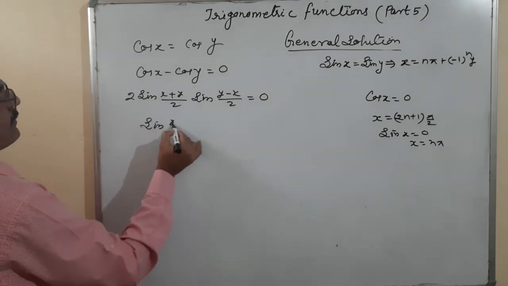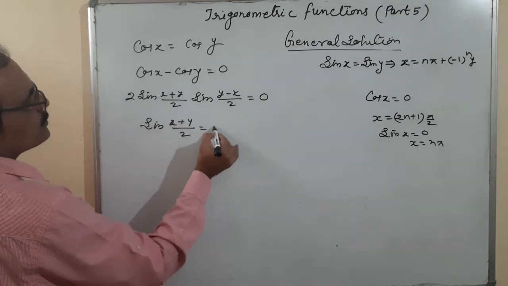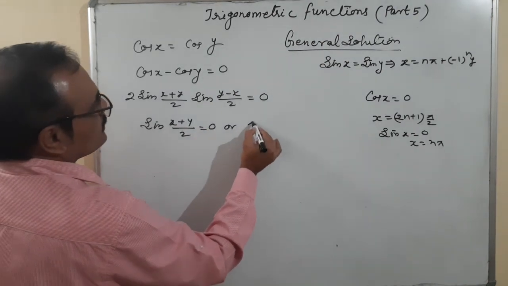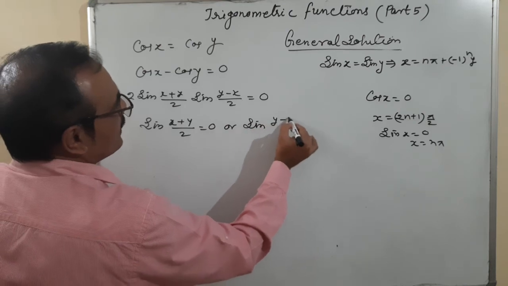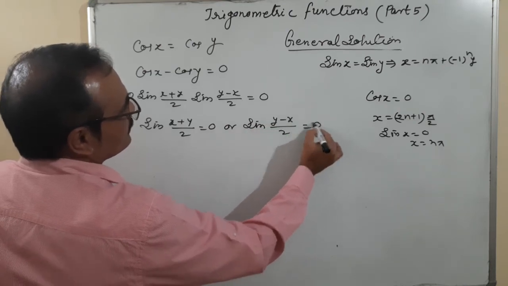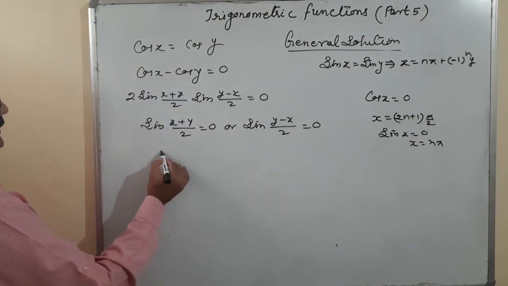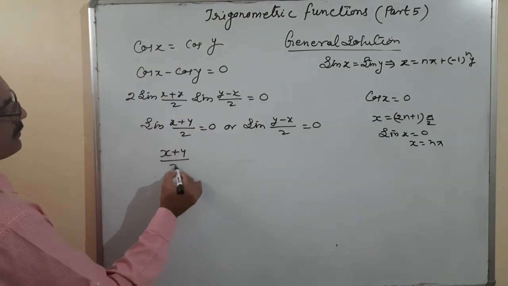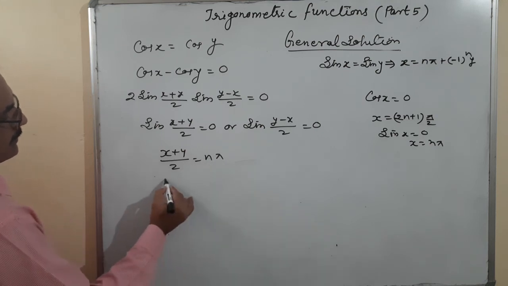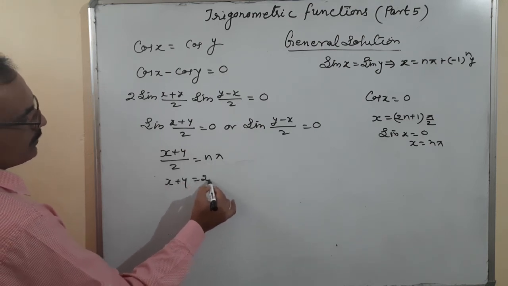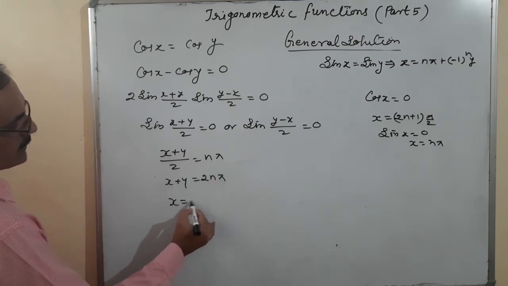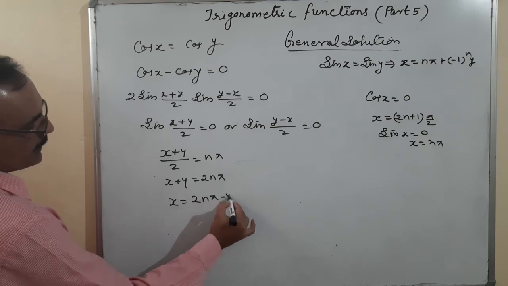Sin (x plus y)/2 is equal to 0, or sin (y minus x)/2 is equal to 0. And sin x is equal to 0 means x is equal to n pi. So I write here (x plus y)/2 is equal to n pi. Therefore x plus y is equal to 2n pi, and therefore x is equal to 2n pi minus y.